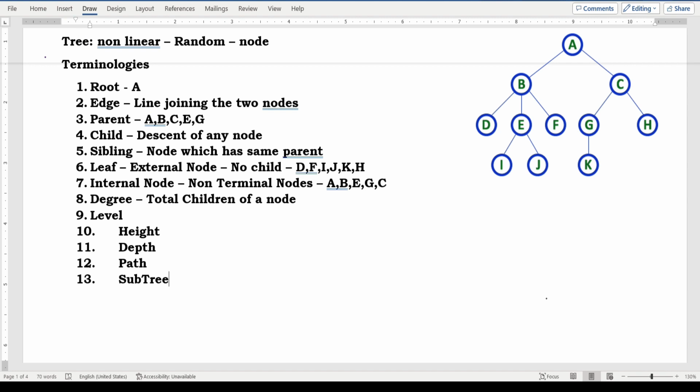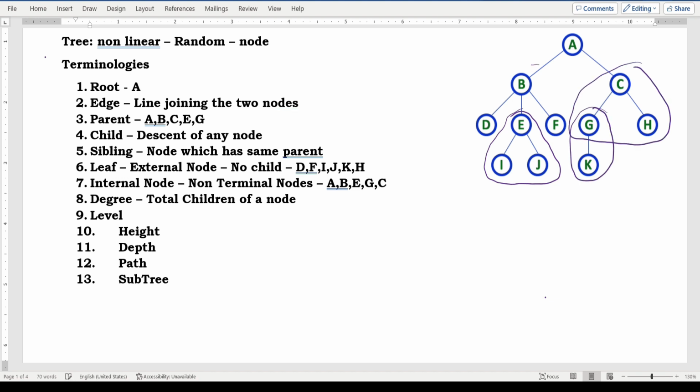Let me draw. Subtree means a part of the tree, and there are many parts available. For example, I can say this is one subtree, or this is another subtree, or this is another subtree. A part of any tree is called a subtree.